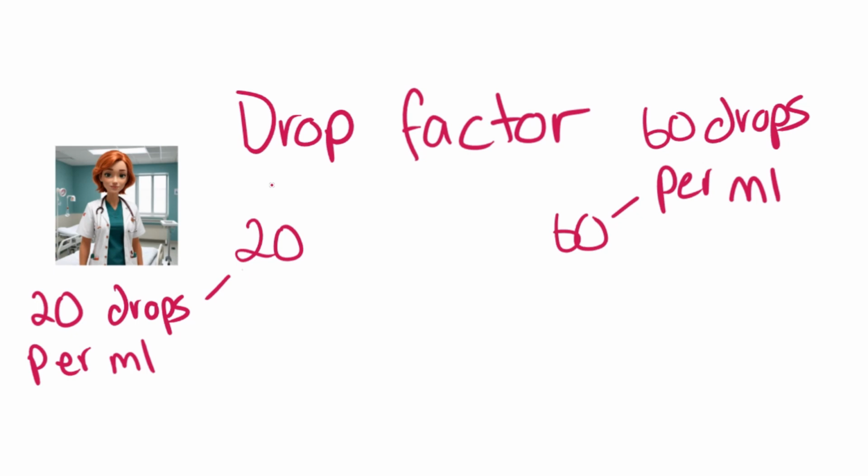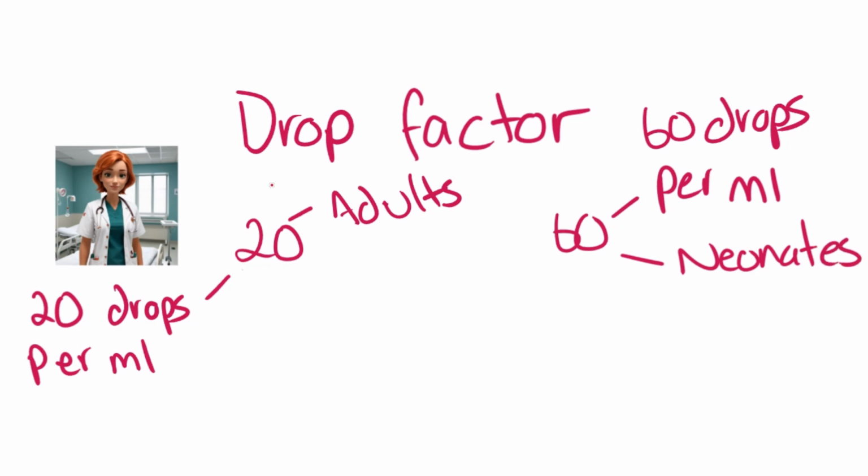Always make sure that you check the drops per mil in your giving set when you're doing drop factors. The 20 is usually used for adults, and the 60 is usually used for the neonates, like I just said.